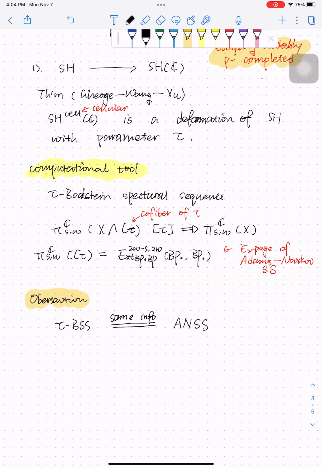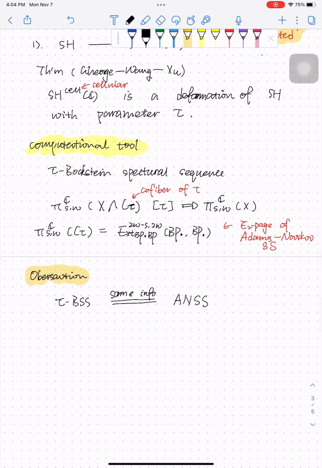The way they correspond to each other is that you start with the E2 page of the Adams-Novikov spectral sequence, you adjoin the polynomial generator tau, and that is the E1 page of the tau Bockstein spectral sequence.